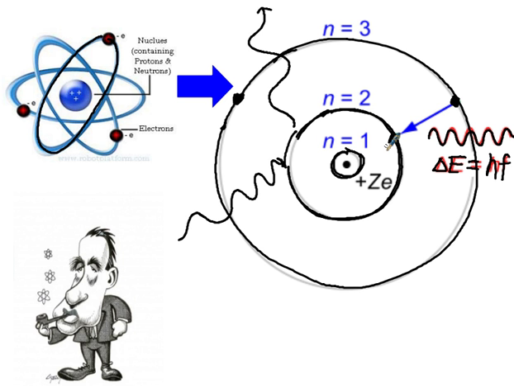So that was Bohr's model. That shift from the planetary model of the atom to this quantum mechanical model, where electrons can only exist at stable states, and they jump according to very discrete amounts or quanta of energy, according to Planck's equation, E equals hf.